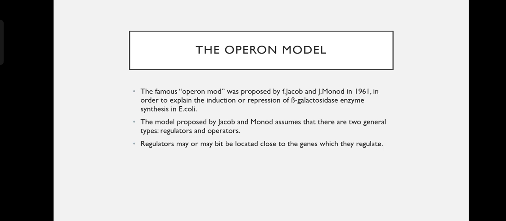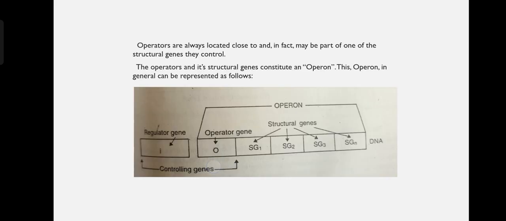Regulators may or may not be located close to the genes which they regulate. Operators are always located close to, and in fact may be part of, one of the structural genes they control. The operator and its structural genes constitute an operon.